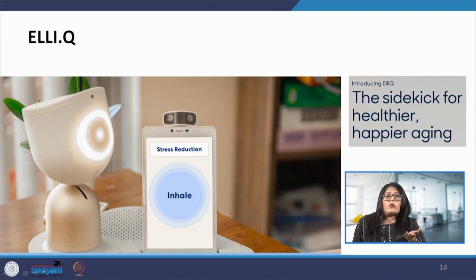What is interesting about LEQ is that it is not just a robot that you speak to, but it also replies back, and it also starts the conversation. It's not always that the person would want to start the conversation, because that is not how it works when there are two people in the room. Either one of them can start the conversation.